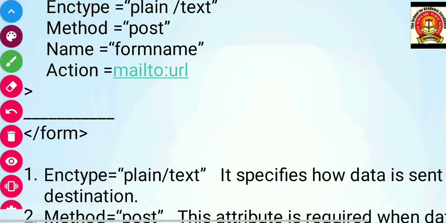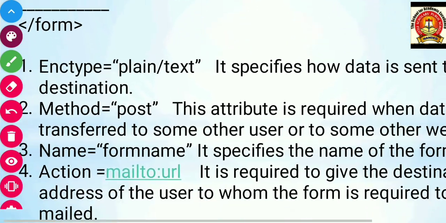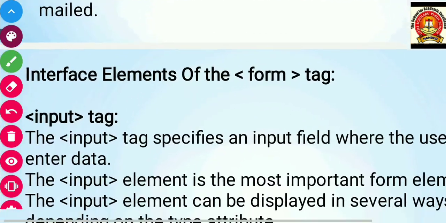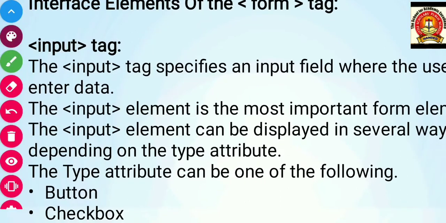So basically this form tag is used for creating forms in HTML. You can mention it in the body tag, and then we will see the interface elements of the form tag. Friends, it is the input tag. This tag is used when the user has to enter data. It is always used inside the form tag, and it can receive the user data.